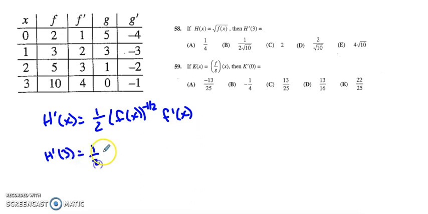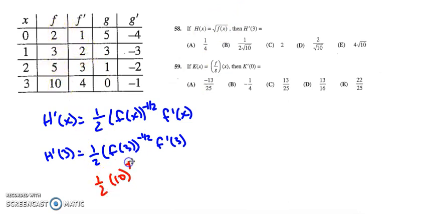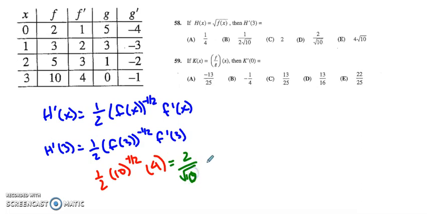So I'm going to have 1/2 times f of 3 to the negative 1/2 times f prime of 3. f of 3 is going to give me 10. So I have 1/2 times 10 to the negative 1/2 times f prime of 3, which is 4. So now when I simplify this, 4 times 1/2 is 2. It looks like I need 2 divided by the square root of 10, and that is choice D.